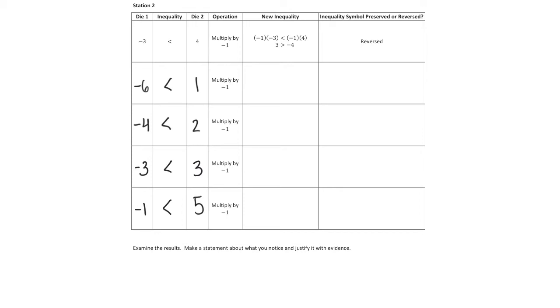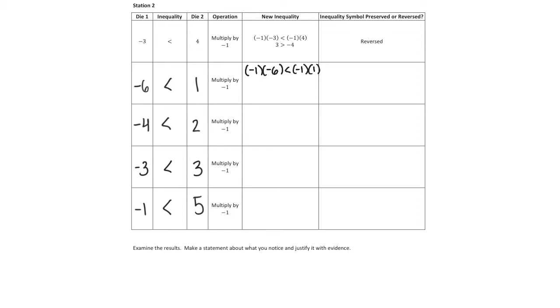Let's look at -6 less than 1. We're going to go ahead and multiply both sides of the inequality by -1. So now I'm going to have -1 times -6 is less than -1 times 1. So I have -1 times -6.